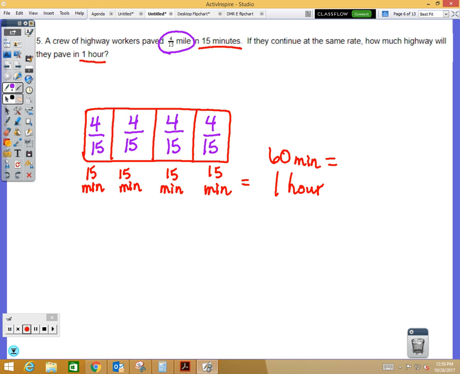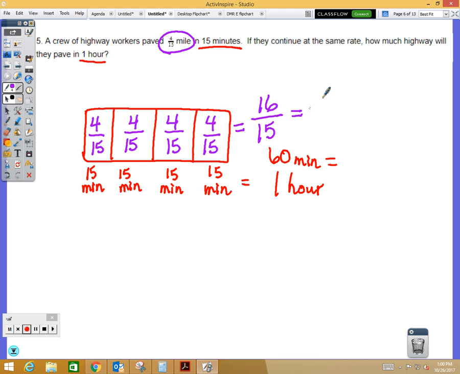Same denominator, which we have the same denominator. Add across. Do I add my numerators and denominators? No. Add just your numerators. 4 plus 4 plus 4 plus 4 over what? Keep your same denominators. 16/15. Improper, correct? 15 goes into 16 one time.